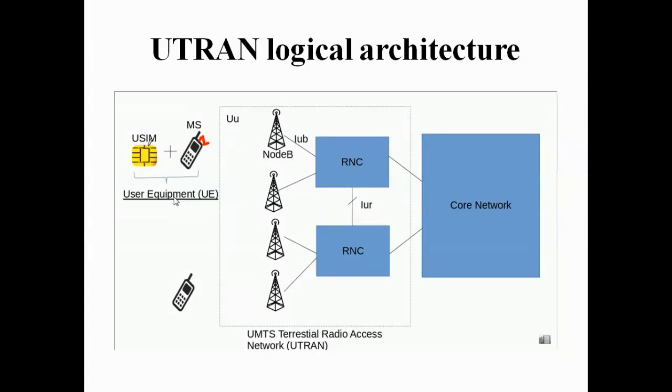Then only it can make the connection to the Node B, and Node B is responsible for providing the frequency link to the required users. All these things are taken care of by the UMTS architecture, by the RNS system, which comes under the category of UTRAN.